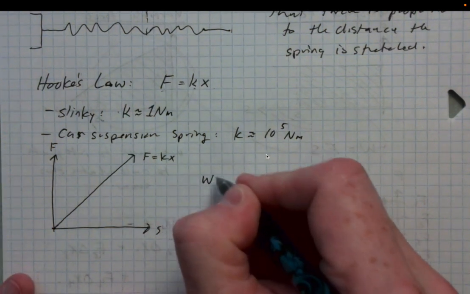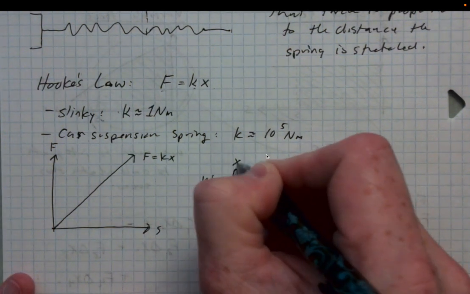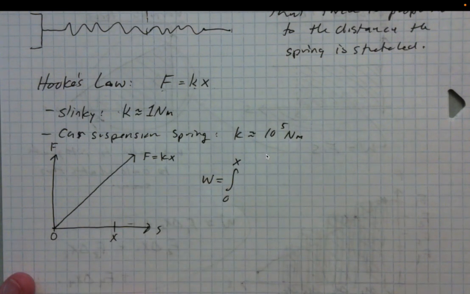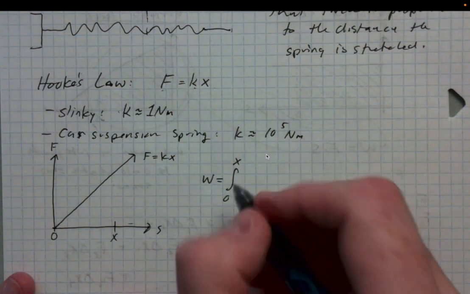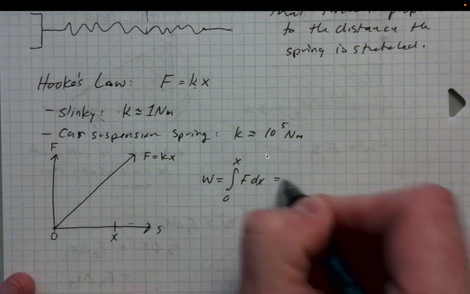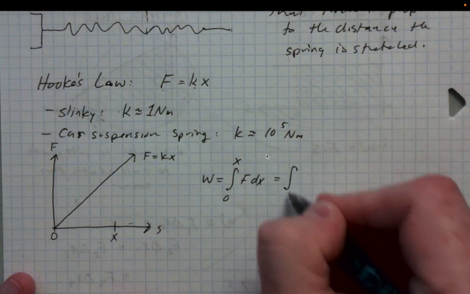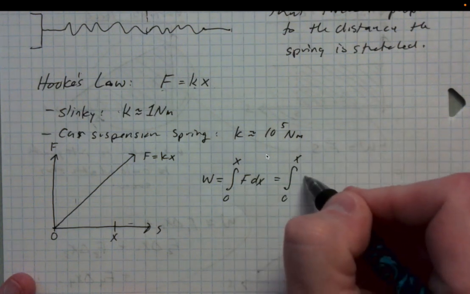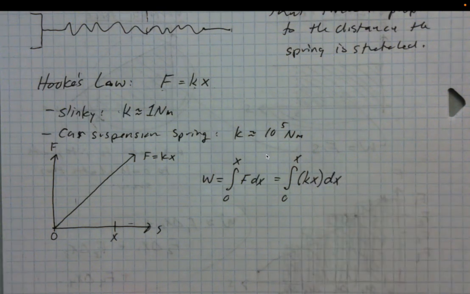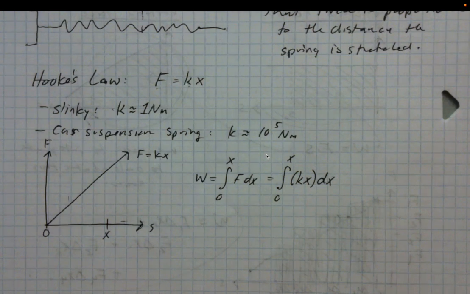So what does the work look like here? Well, it's again the integral from 0 up to x, however far you want to stretch it, of F dx. In the case of a spring, the force is equal to this spring constant times x. The force varies proportional to the displacement.